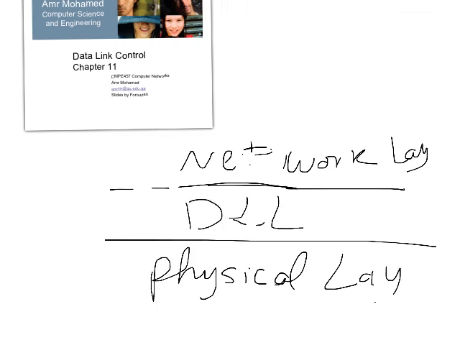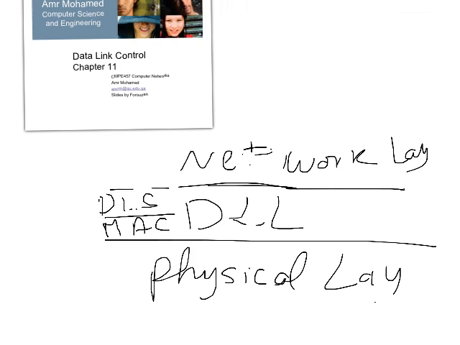The data link layer itself is actually subdivided into two sublayers. What we call the data link control, which is this part, and we have the medium access control. We studied medium access control in 455.